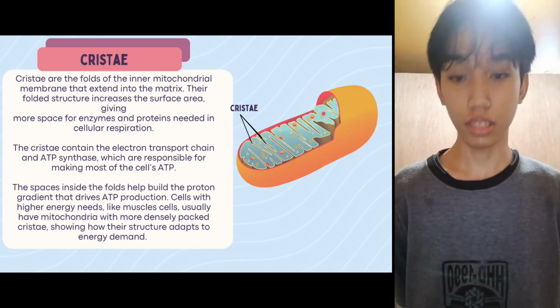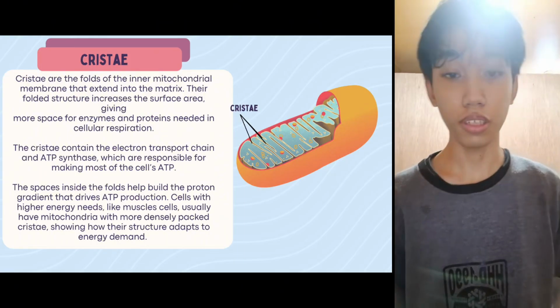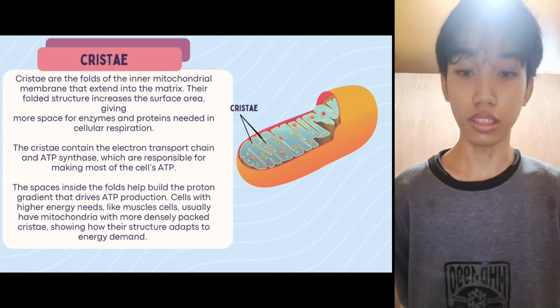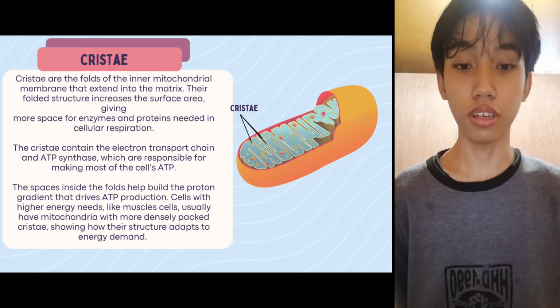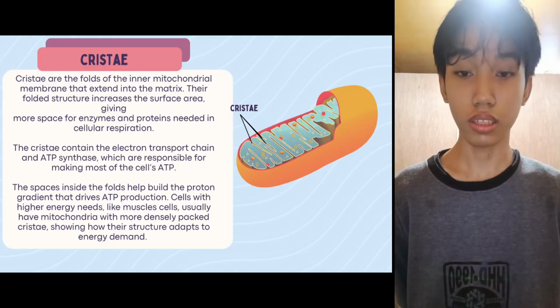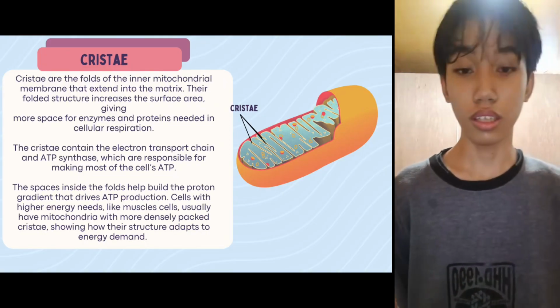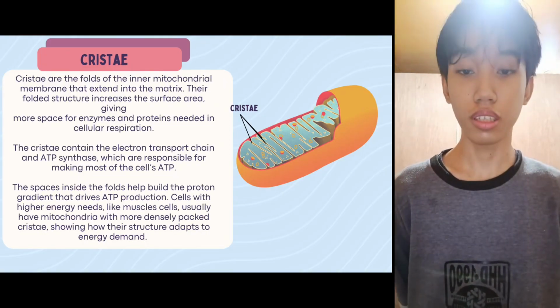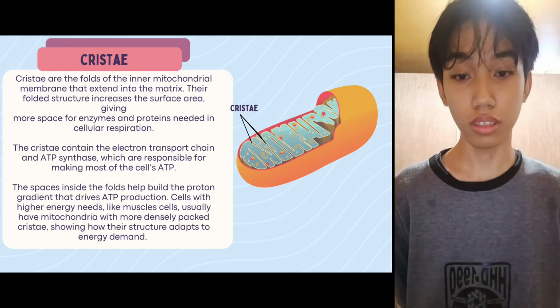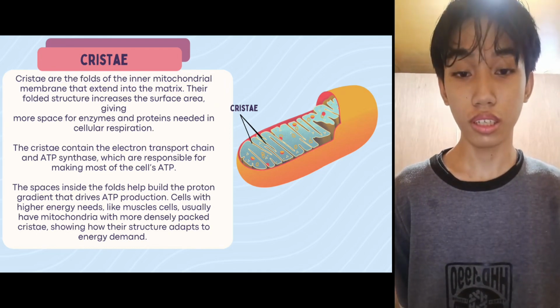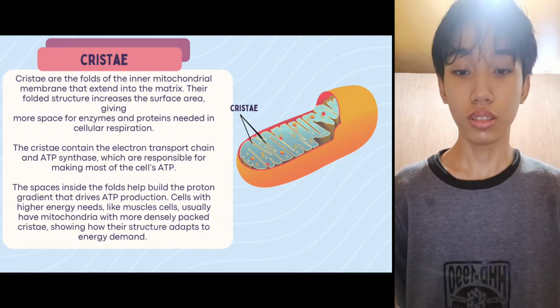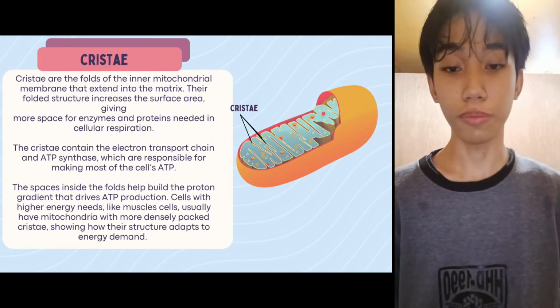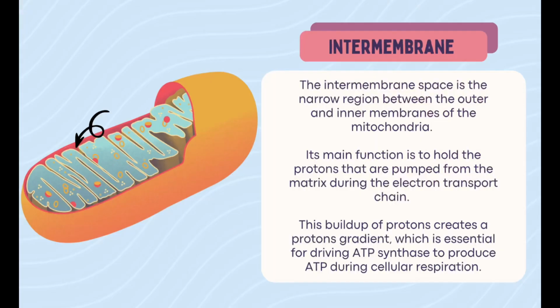The space inside the folds helps build the proton gradient that drives ATP production. Cells with higher energy needs, like muscle cells, usually have mitochondria with more densely packed cristae, showing how their structure adapts to energy demand.